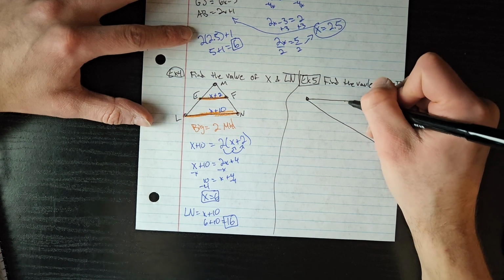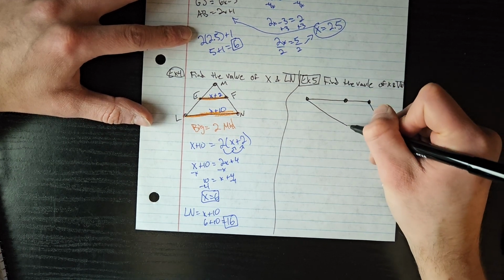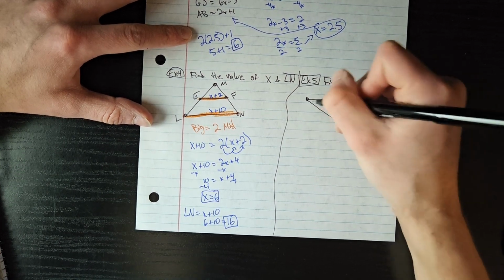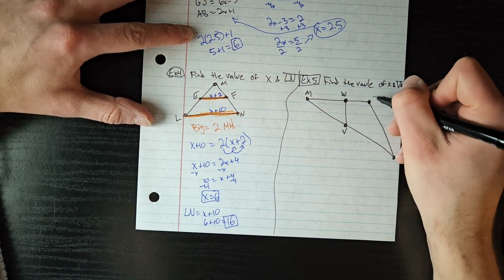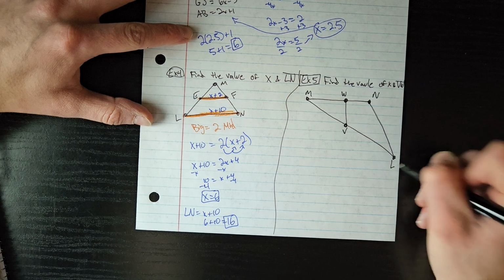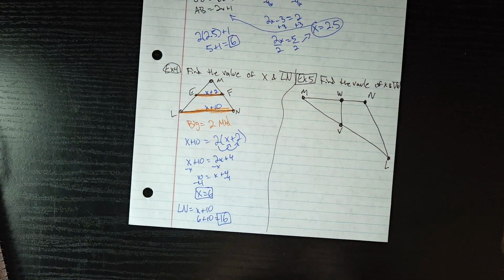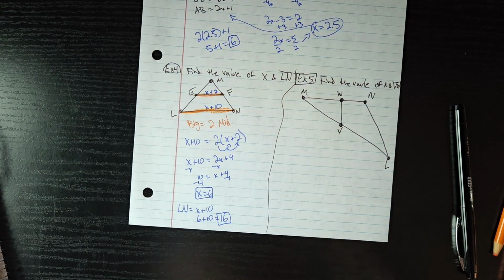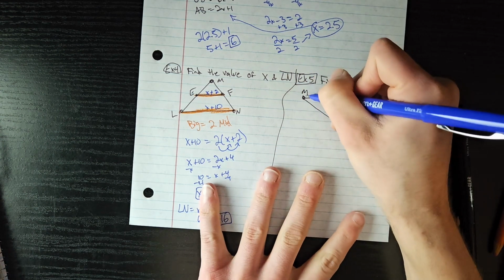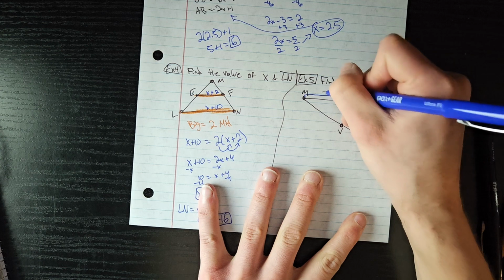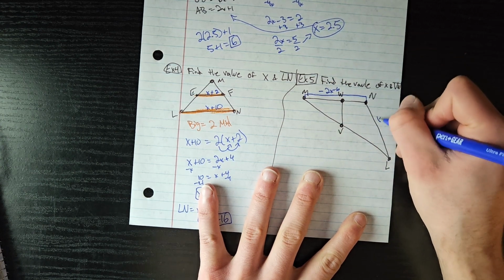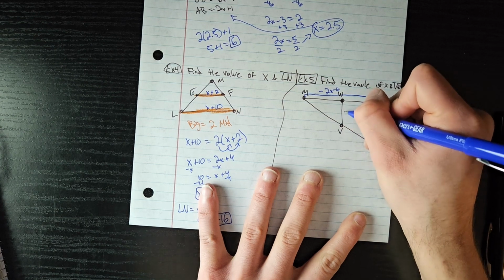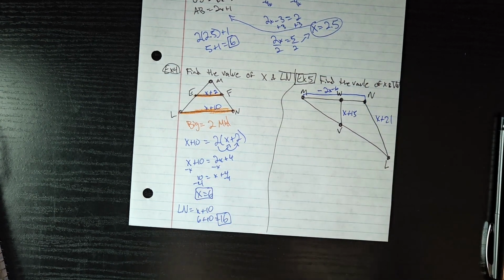I don't know what I was doing before. Not this, that's for sure. All right, this is M. We got W, V, N, and L. I also have negative 2x minus 6 right here. I have x plus 21 right here and x plus 15 right here.